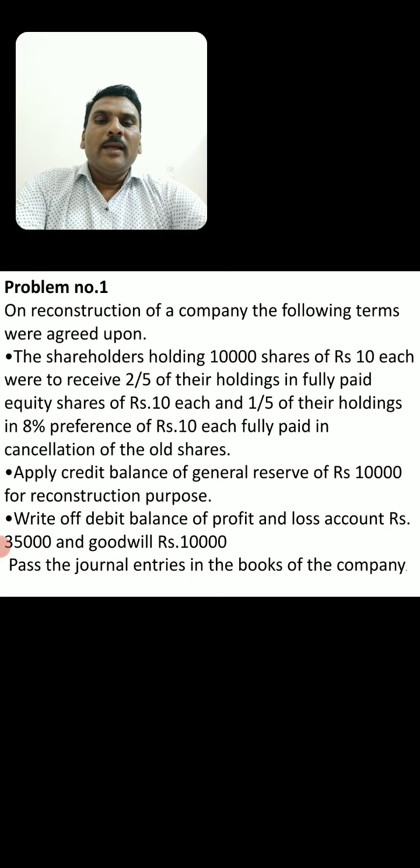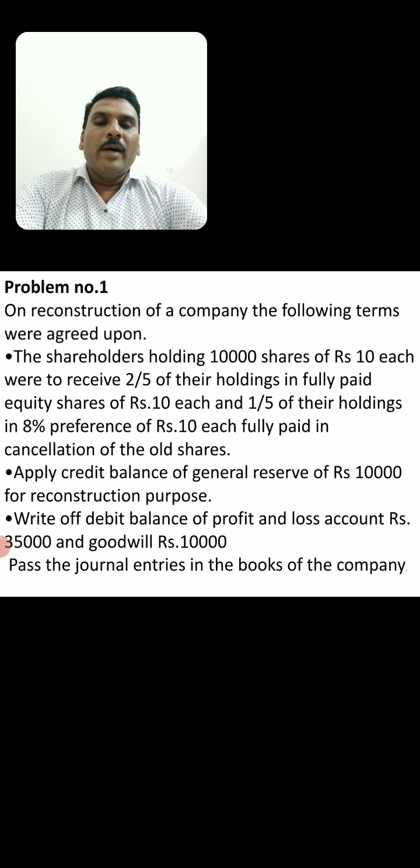Here there is a credit balance of general reserve of rupees 10,000, which is to be used for reconstruction purposes. Write off the debit balance of P&L account rupees 35,000 and goodwill rupees 10,000.